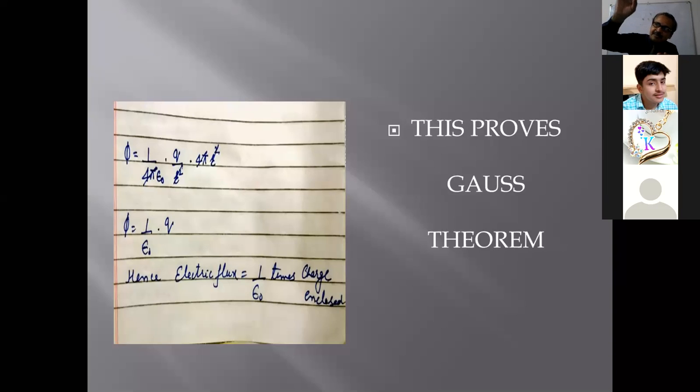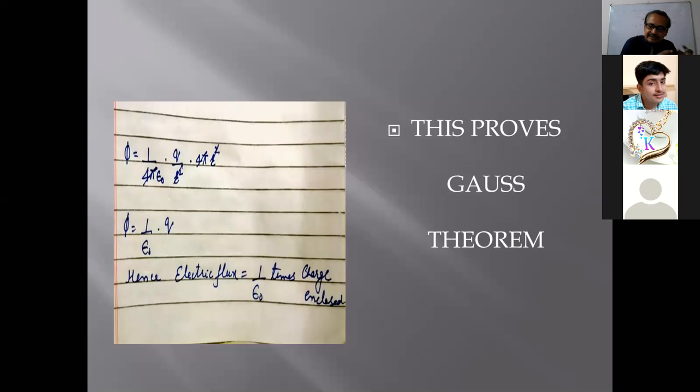Now at any point on this Gaussian surface, what will be the electric field intensity? Coulomb's law, 1 over 4 pi epsilon naught into q by r square into unit vector r. This is E. And what is electric flux?